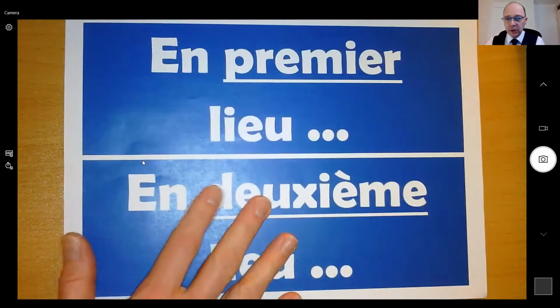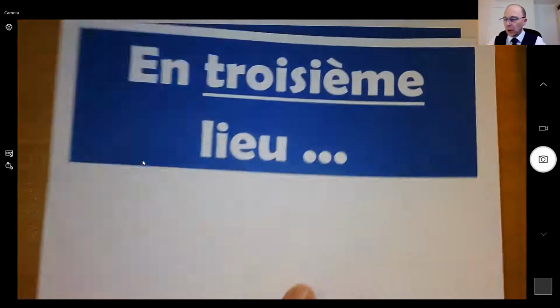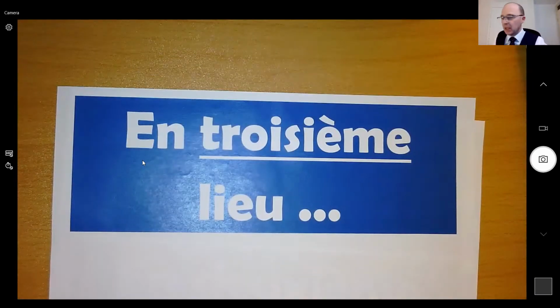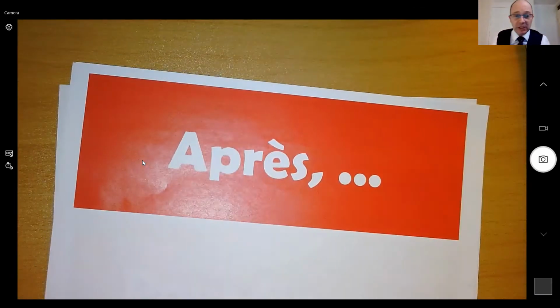And instead of those, I might use en premier lieu, en deuxième lieu, en troisième lieu. So different things you can use to bring the changes there. So any of those expressions are really, really useful for the lesson menu.